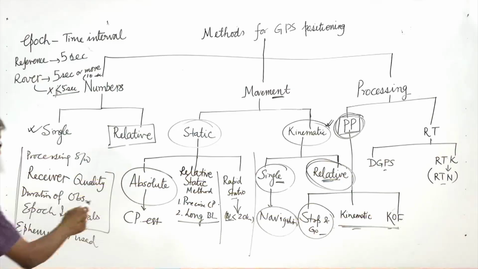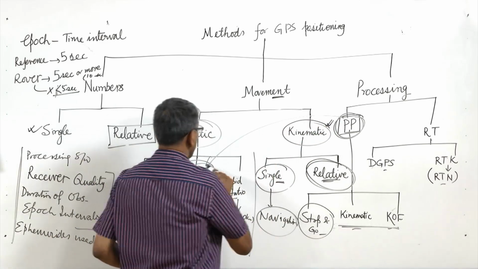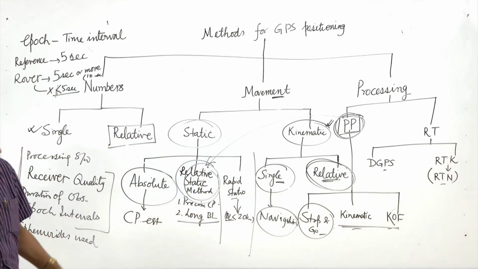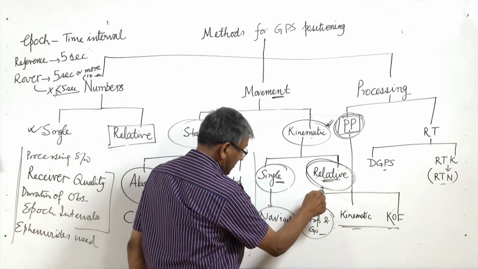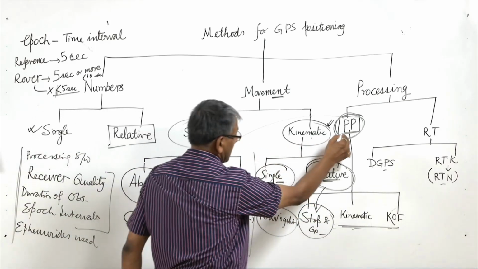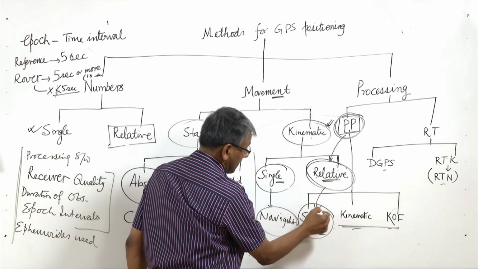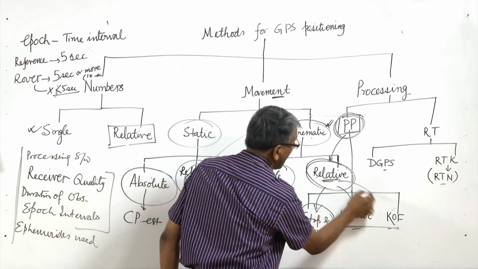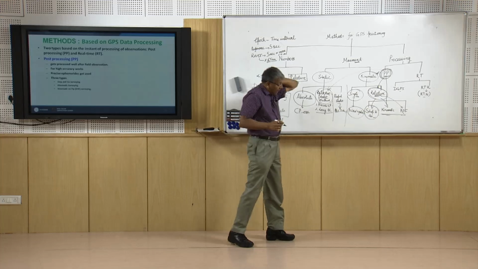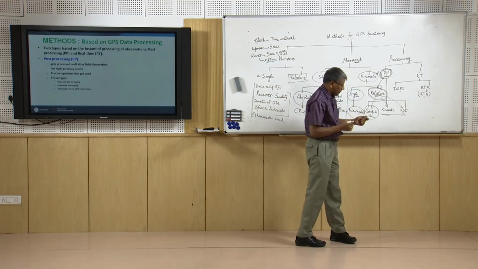As I told you, relative static positioning is also post processing type, and relative kinematic is post processing, that is stop and go kinematic and kinematic on the fly. Let us discuss the stop and go.